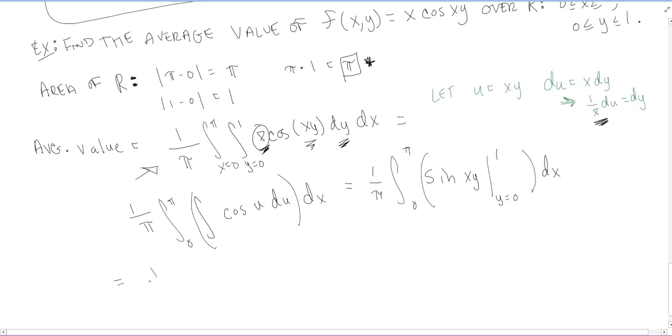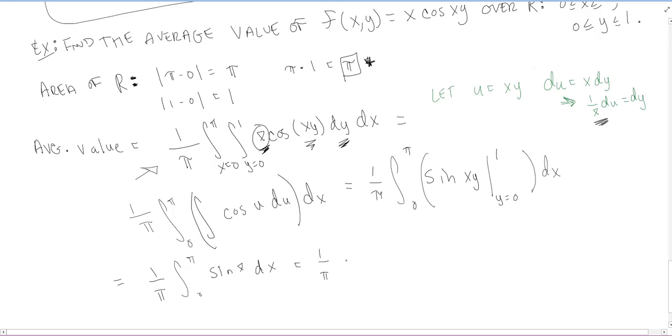Keep going. 1 over pi, integral 0 to pi, sine, if I plug in 1 and 0, that's going to be sine of x, and then sine of 0, which is 0, so I don't even need to write that one, dx. Last part here, integrate sine of x now.